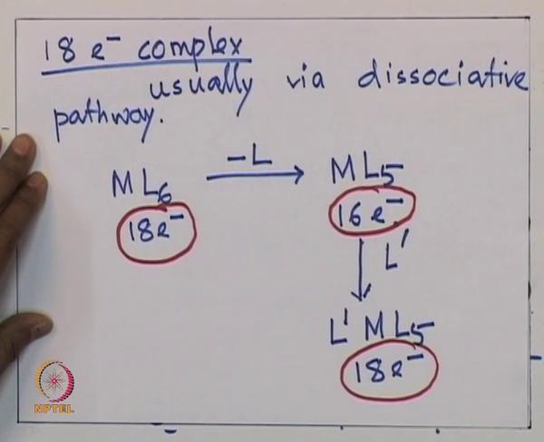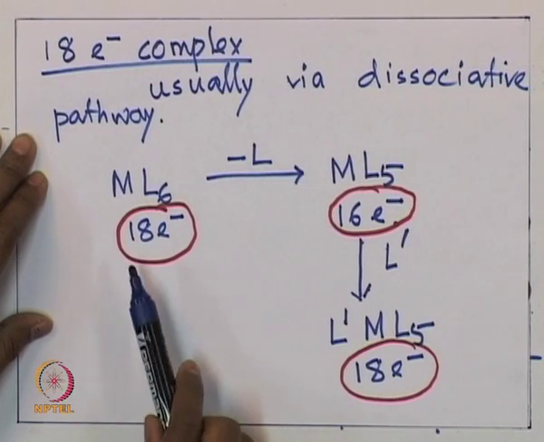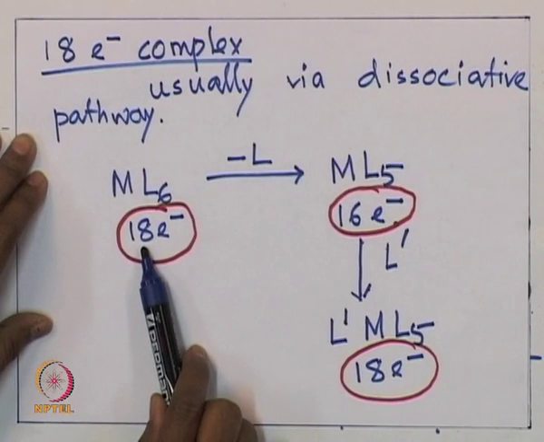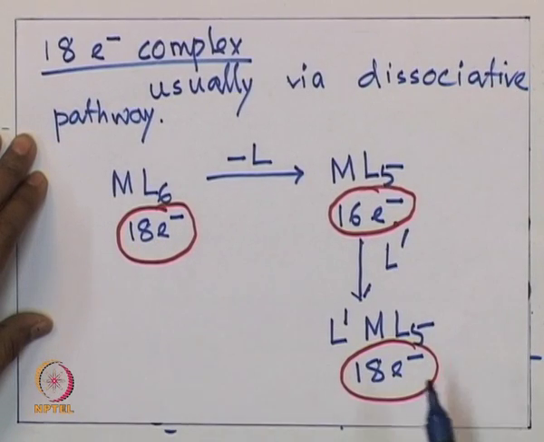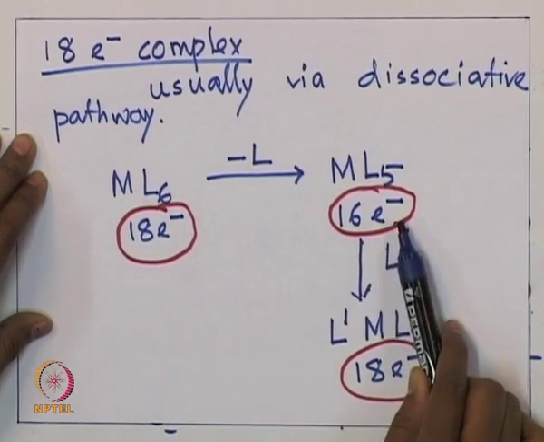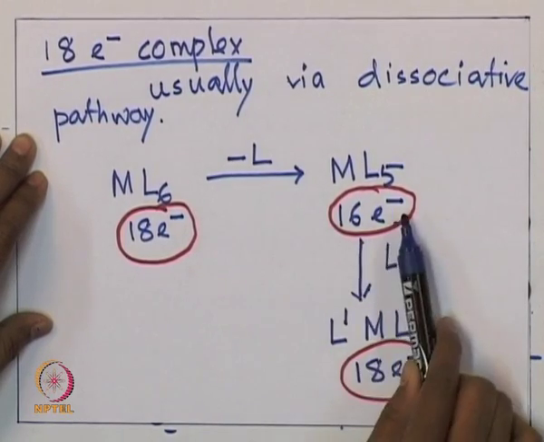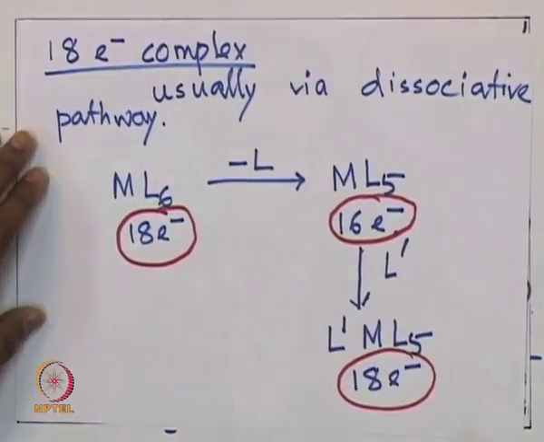In the last case also, the 16 electron complex was the starting material, and it gives a 16 electron complex at the end. In this case also, the 18 electron complex is the starting material, the 18 electron complex is the final material, but in between there is a 2 electron difference in the intermediate complex.